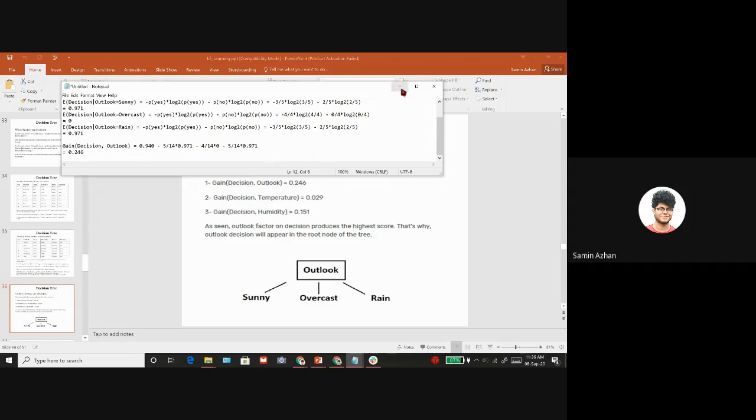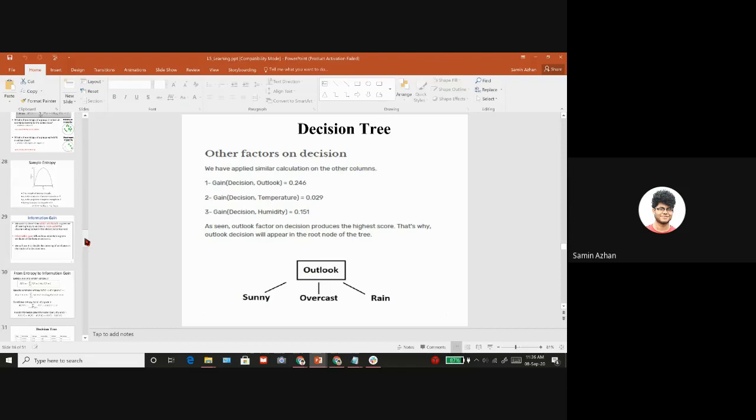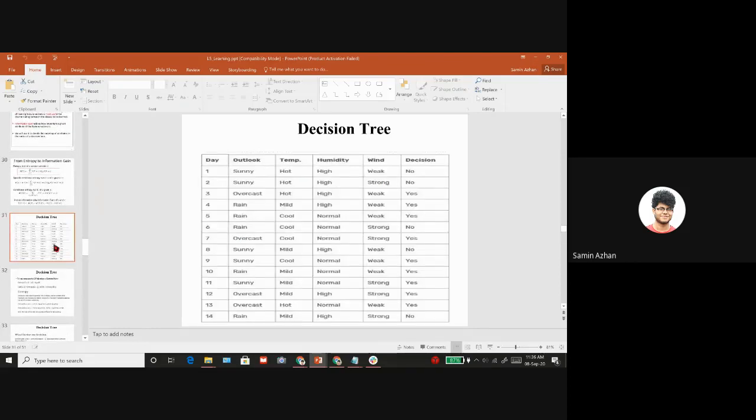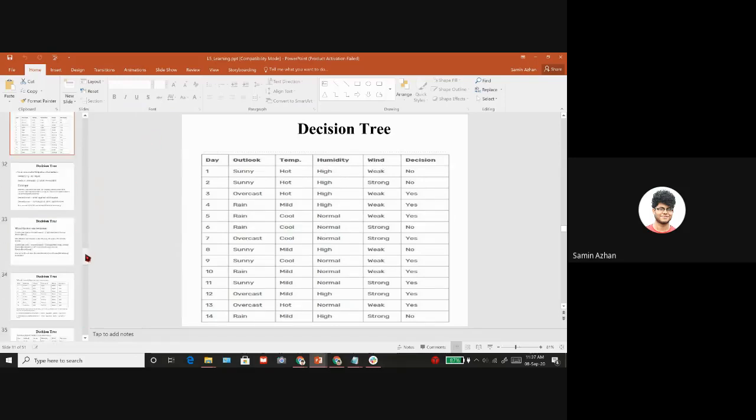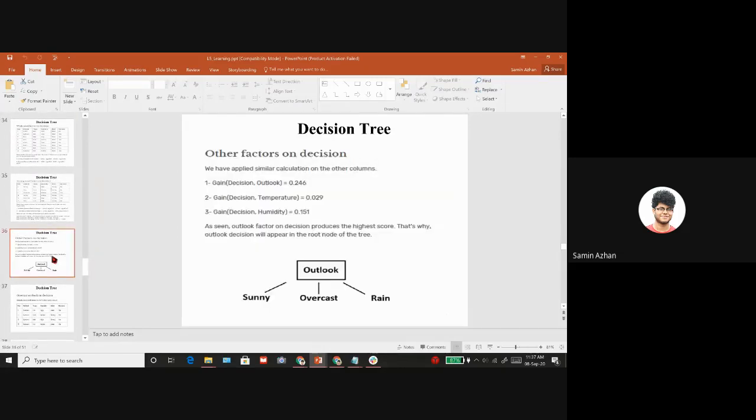So now what happens? Similarly, we have to calculate the decision, comma temperature and the decision, comma humidity. We have to calculate the gain for all the attributes available: outlook, temperature, humidity, wind. After calculating the information gain of each attribute, we have to compare them and decide which one we should take as the first root node of our tree.